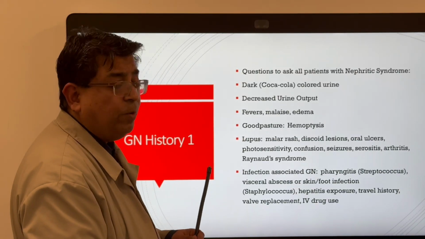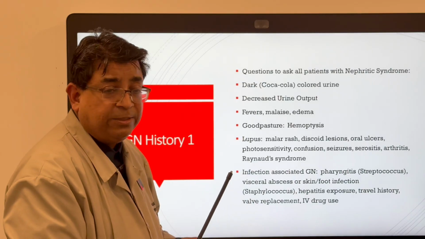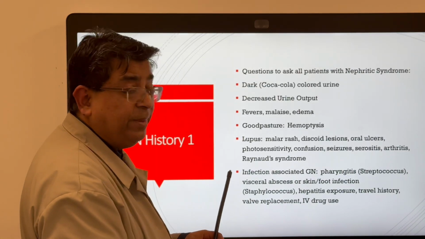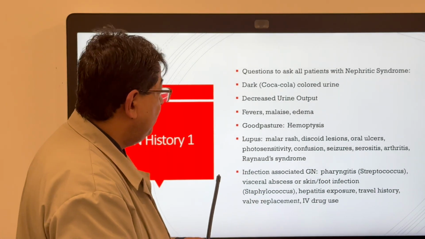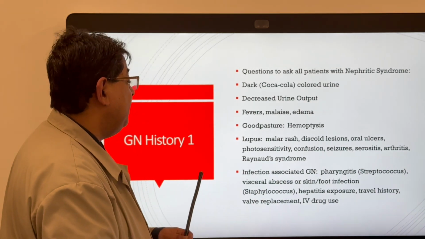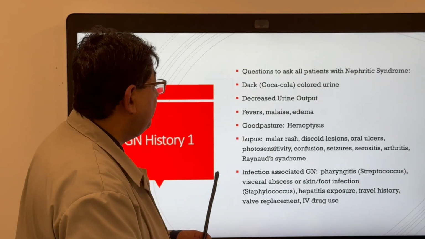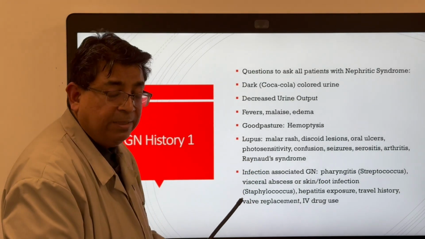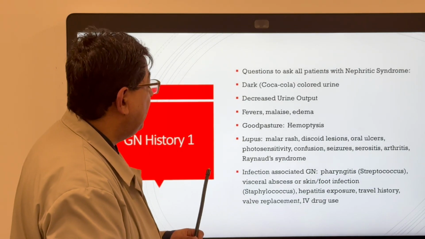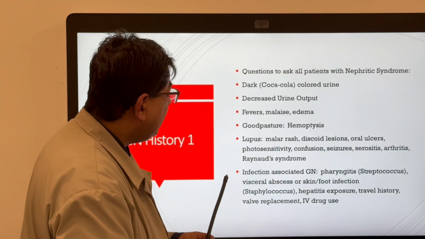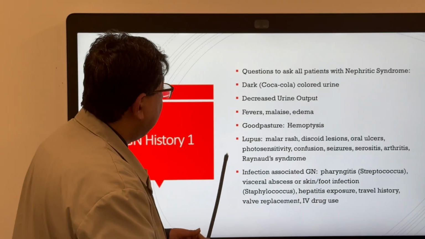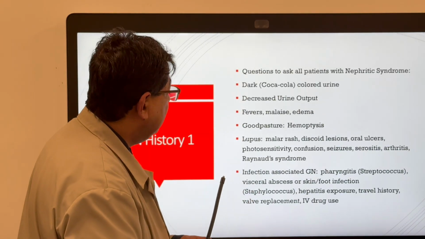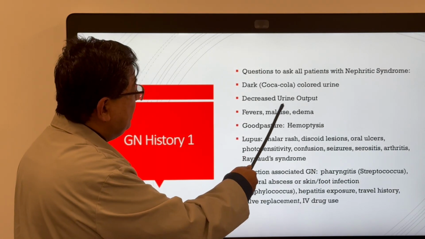So what should you ask? What kind of questions are appropriate in the glomerulonephritis scenario when you're thinking about possible autoimmune involvement? First thing probably that comes to mind is dark or Coca-Cola colored urine, because it implies hematuria. Decreased urine output: has your urine output decreased of late? Fevers, malaise, edema.